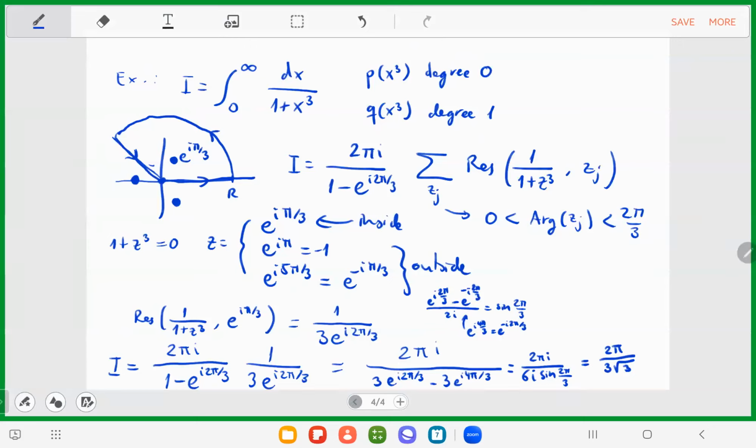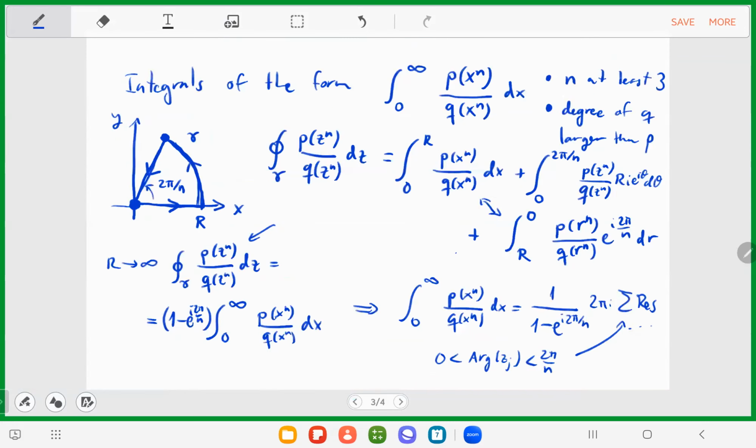Yes. That's a good question. What happens if n is only 2? Yeah, I remember now. n could be 2, but if n is only 2, it's easier to do it like this.